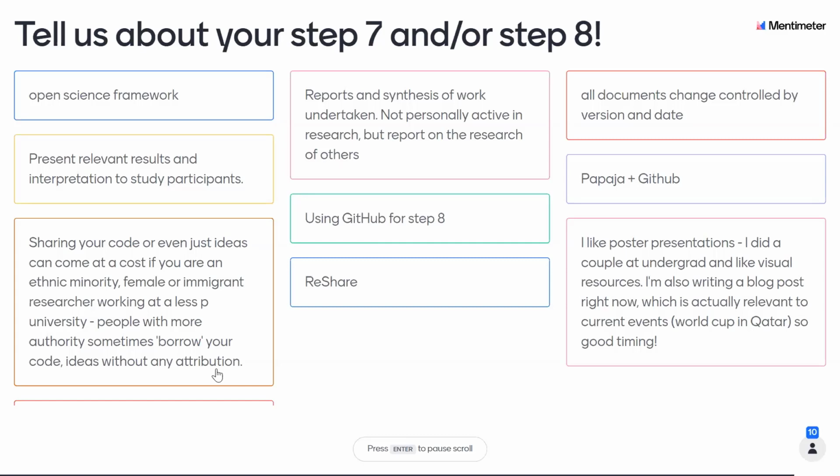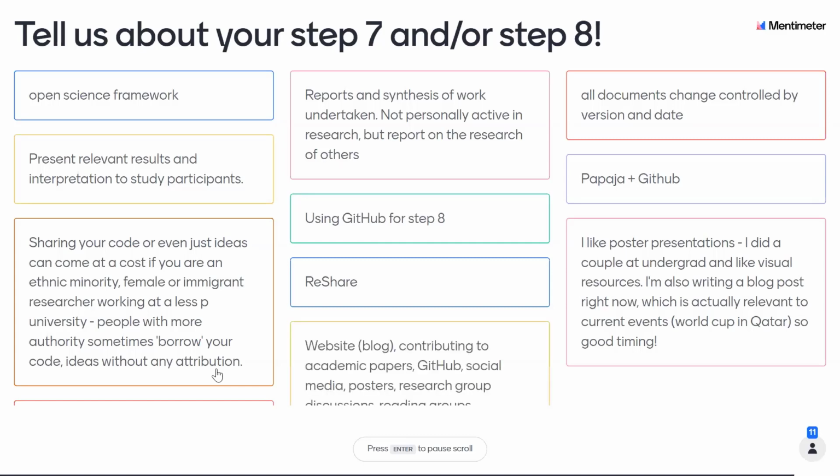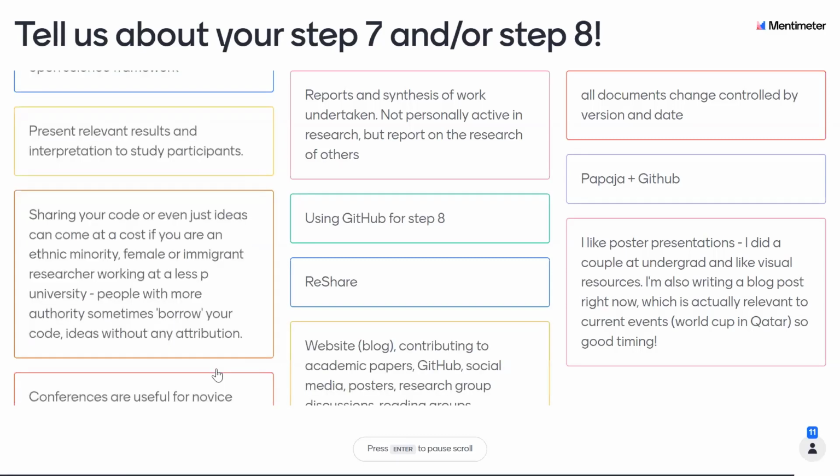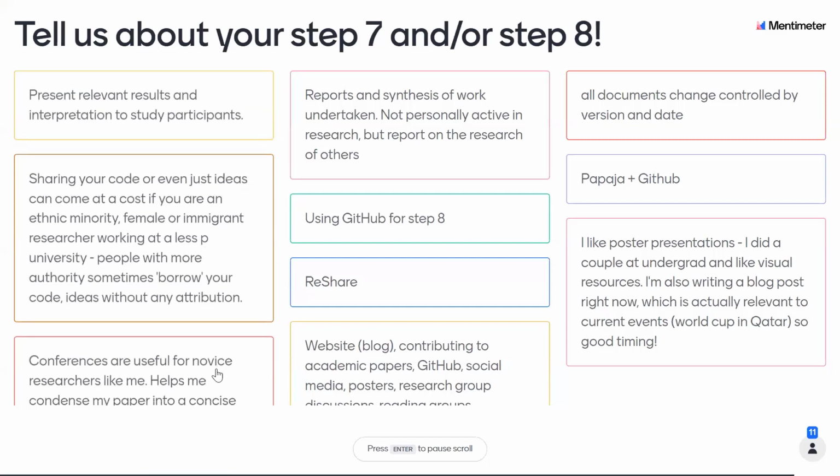If you have documented everything really well, you can use it in complaints to your human resources, for example, or requests to get someone's work taken down or something like that. Document. You're absolutely right that sharing your ideas can come at a cost. Documenting is the way to mitigate that cost.